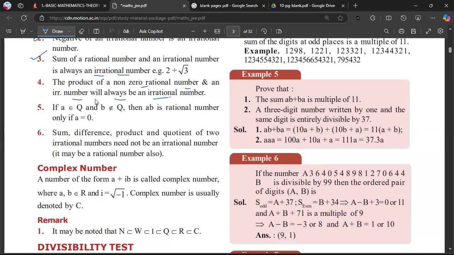So there's also one exception to our rule where we were saying that all irrational numbers, whenever they get operations like these, the result will be an irrational number, except when we are multiplying zero as a rational number to any other irrational number. So the result will be zero, which is a rational number. So this is an exception. Write this exception in your notes. The fourth one.